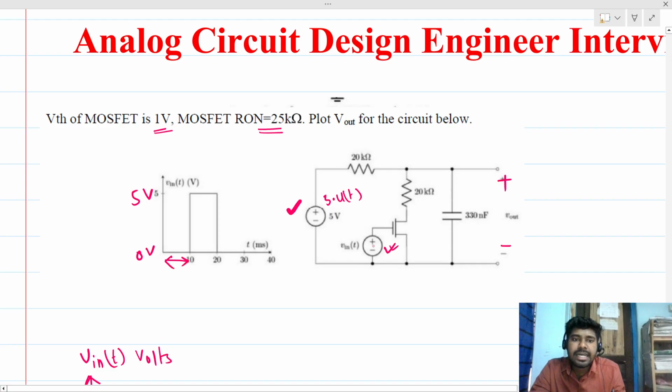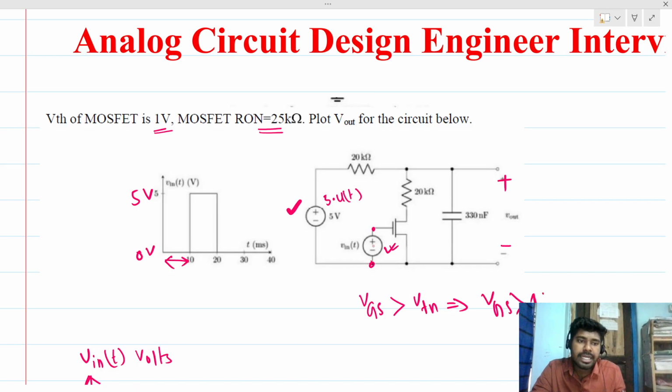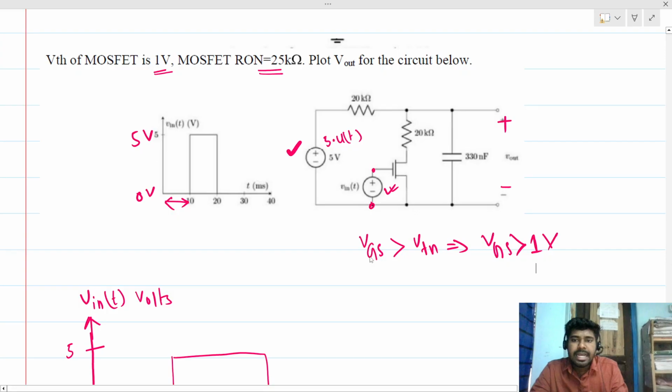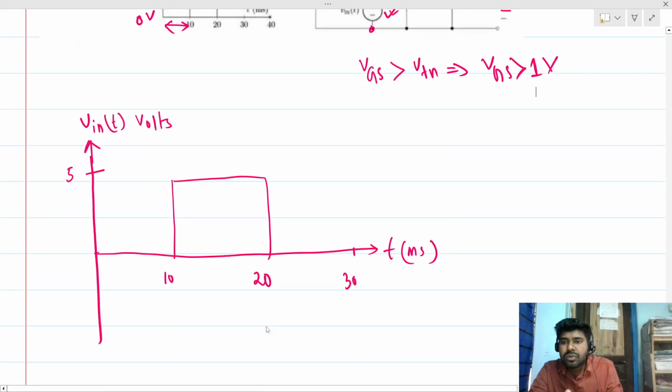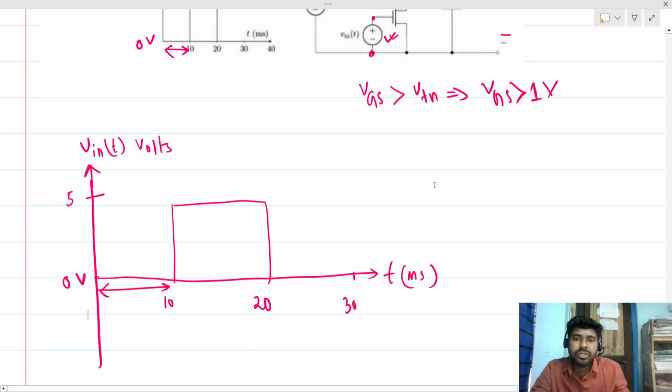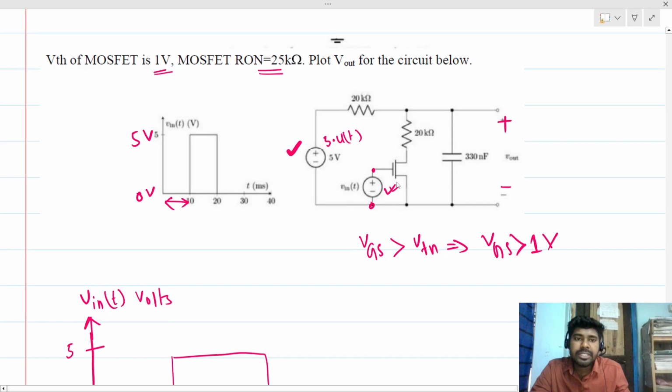When t is greater than 0 and less than 10 millisecond, the gate voltage is 0 volt, right? So will this MOSFET turn on or off? We know that the MOSFET is turned on when VGS is greater than VTN, so here VGS must be greater than 1 volt. From 0 to 10 millisecond, the VGS of this MOSFET is less than 1 volt, so the switch will be off and act as an open circuit.